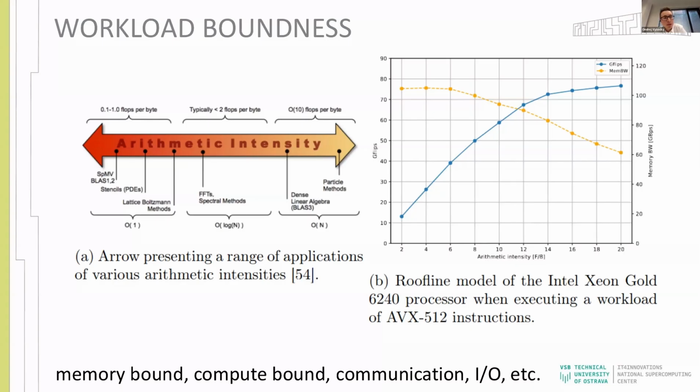The importance of each frequency typically depends on arithmetic intensity. That's the roofline model we saw in the previous presentation, the blue line here in the chart on the right side. That's an example of an application with a variety of arithmetic intensities, showing what performance it reaches and how the memory bandwidth drops for that specific architecture.